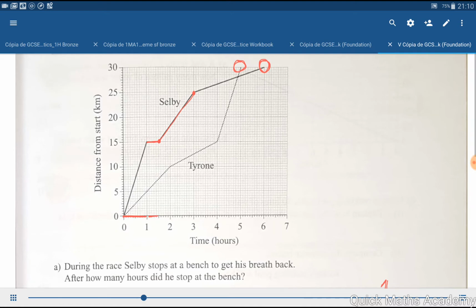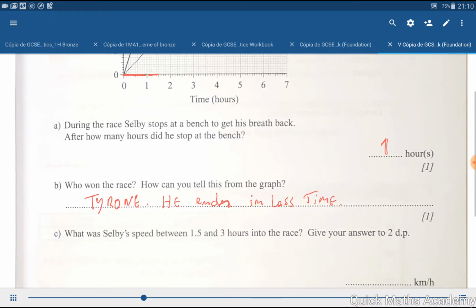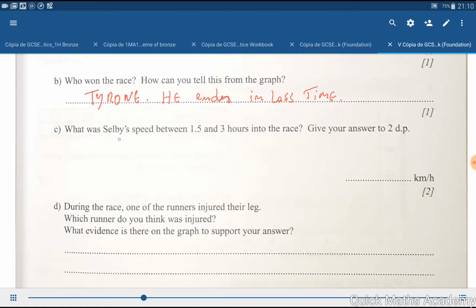To calculate speed, the speed is the distance traveled over the time. Do we know the distance traveled?